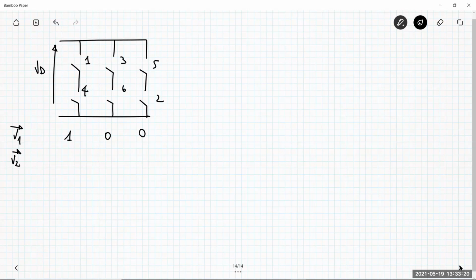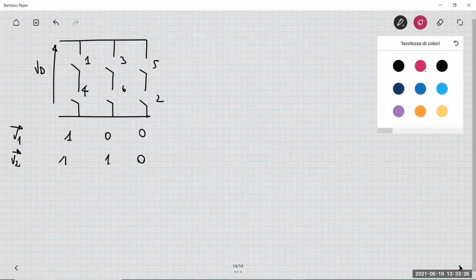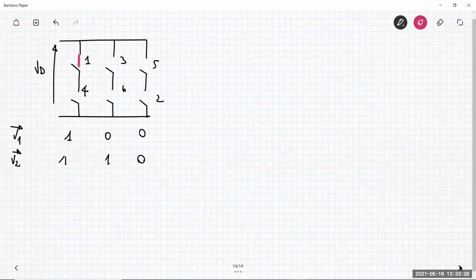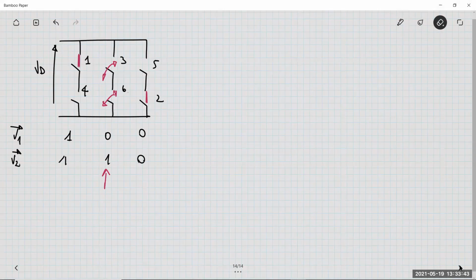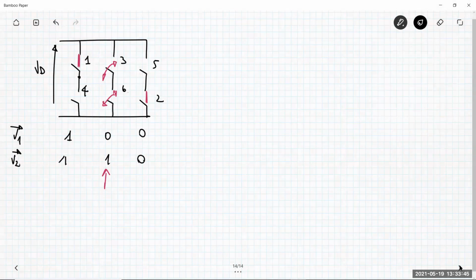V2 is represented by 1, 1, 0. So this means that this is closed and this is closed, and then I am switching these two, because the only bit that is changing is that related to the leg B. This is the node A, this is the node B, and this is the node C.